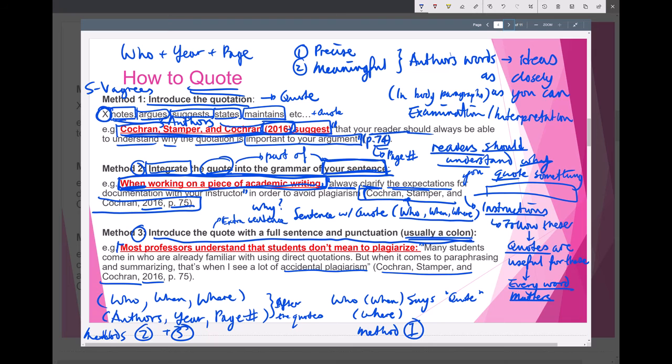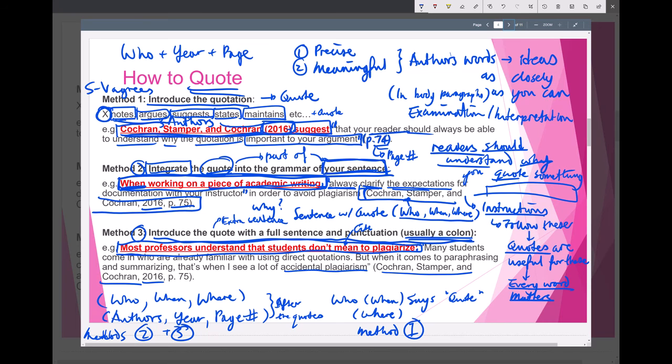Again, you start with a full sentence, put a colon after your sentence. Usually it's like the first part to explain the quote or give a contrast. Here, notice it's saying, oh, most professors understand students don't mean to plagiarize. Actually, you might have to cite this one too. But here they're citing the quote as a contrast to, or an elaboration of saying most professors understand that students don't mean to plagiarize.